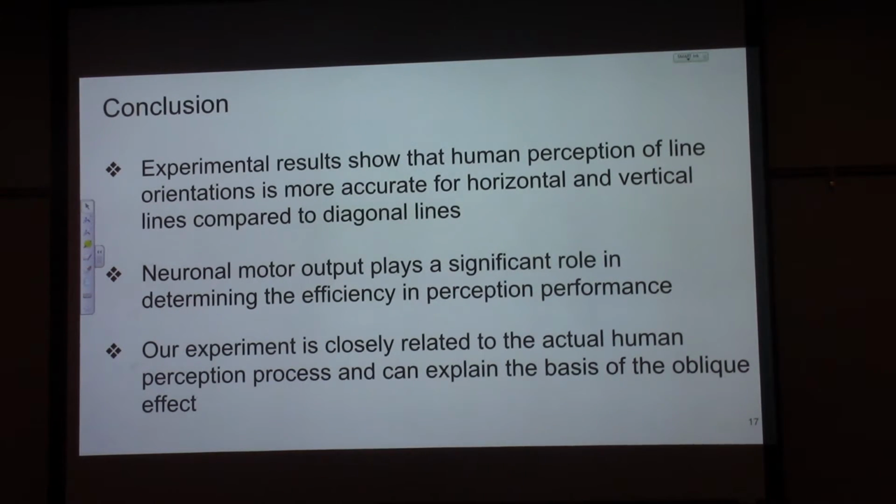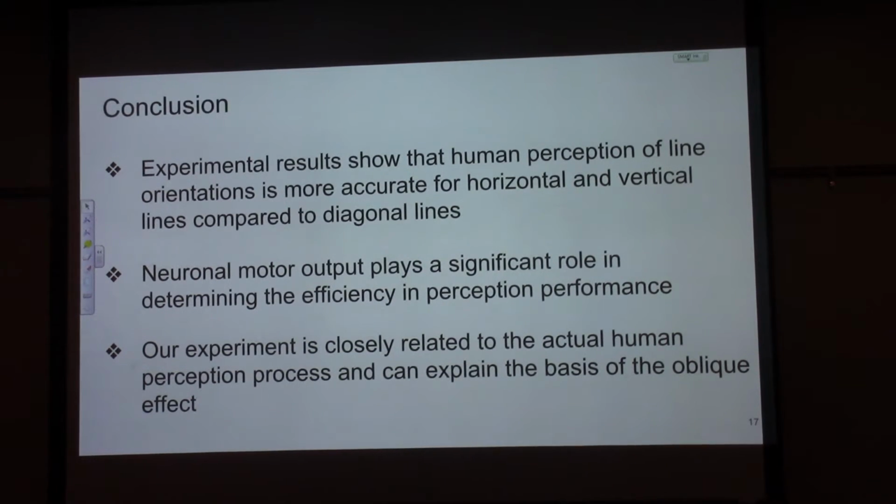Finally, the conclusion of our project is that experimental results show that human perception of line orientation is more accurate for horizontal and vertical lines compared to diagonal lines, based on the experiment that we collected. The second conclusion is that neuronal motor output plays a significant role in determining the efficiency of perception performance.